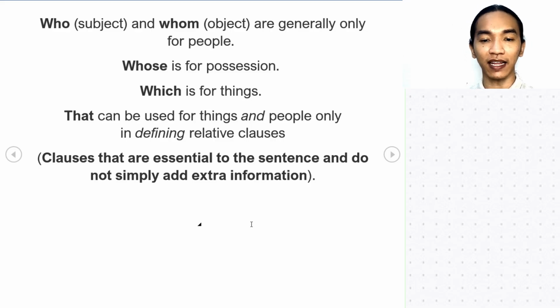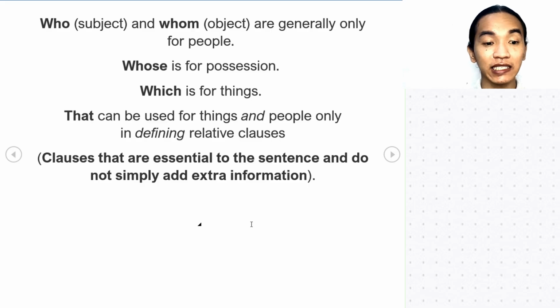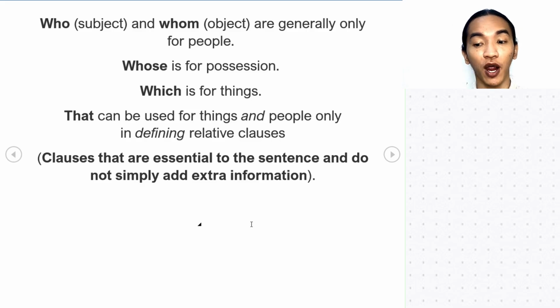Okay, remember that. So defining relative clauses are an important part of the sentence and they give essential or important information to your sentences. So that's why we cannot just simply remove them from the sentence, but we have to put them there. Okay? So please remember that.